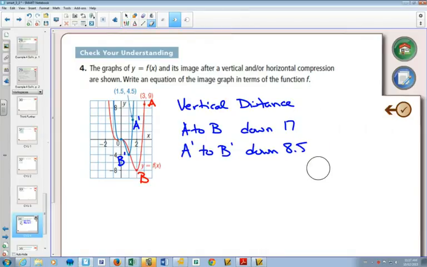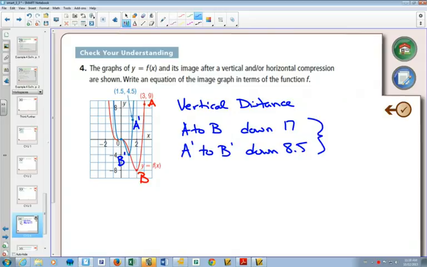Wow, worst squiggle bracket ever. Gotta practice those. There we go. So from A to B, you go down 17. From A prime to B prime, you're going down 8.5. What's the change there? Well, I thought it would be 9 because it looks like it's right at half, but they labeled the point at 4.5. So I thought it was 9 as well when I was just visualizing it.